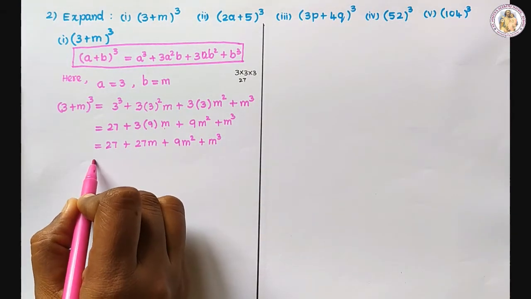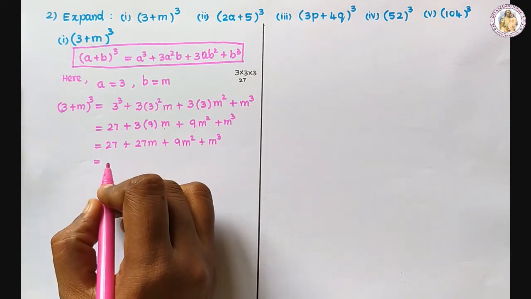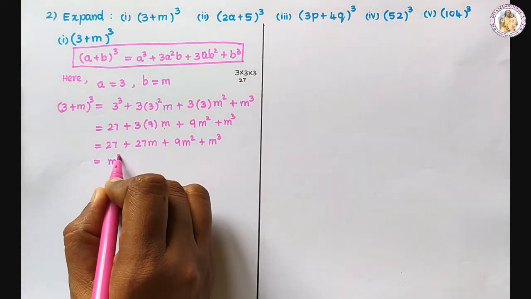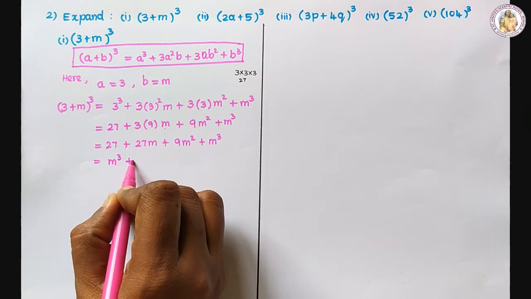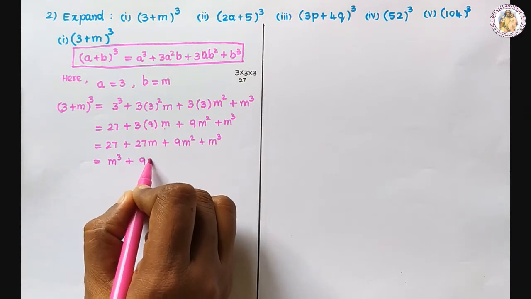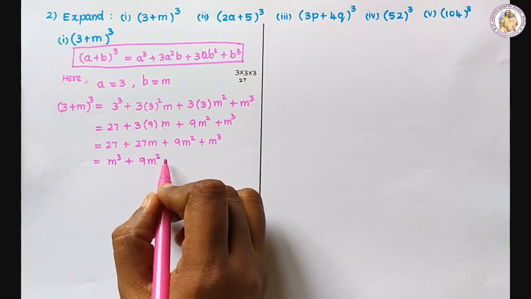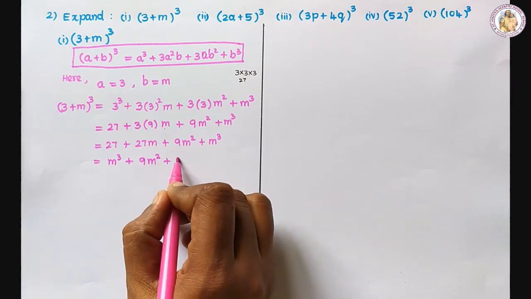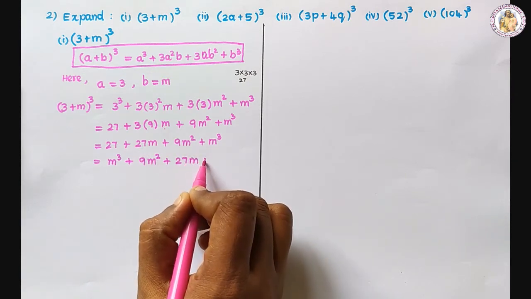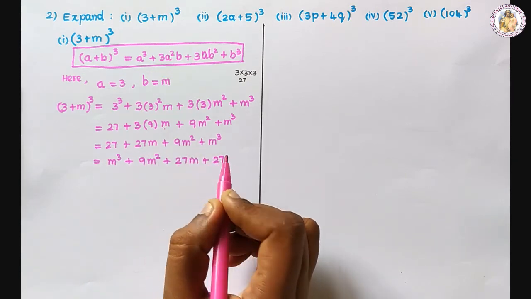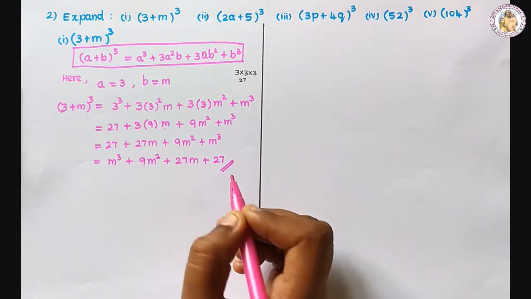Now rearrange the terms. M cube will be first. So m cube and then 9m squared, and then the m term 27m and then constant term 27. So that is the answer.